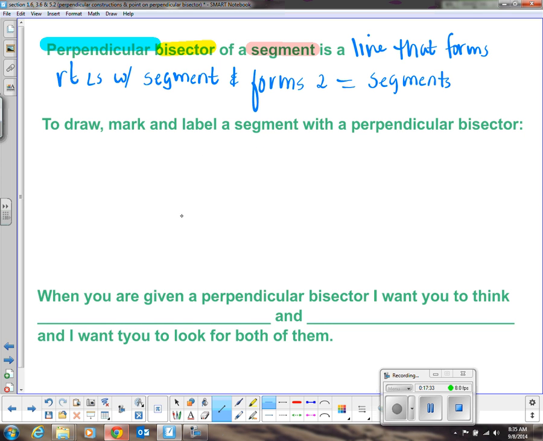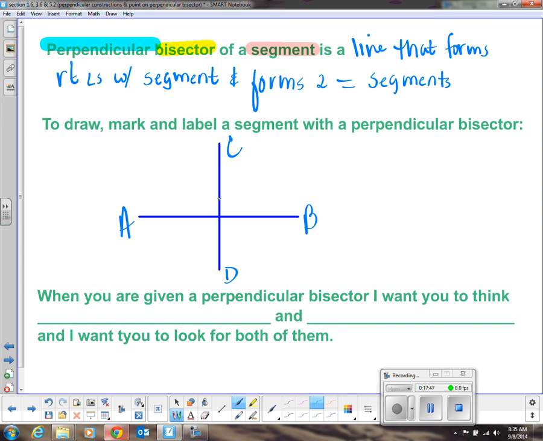So this perpendicular bisector comes with additional markings. If I told you again that AB is perpendicular to CD, you should show me a right angle for the perpendicular, but what do you show me now for the bisects? The congruent marks, because we already did the 90. So now, when you're given a perpendicular bisector, what do I want you to think? Two equal parts, meaning segments, and what else?